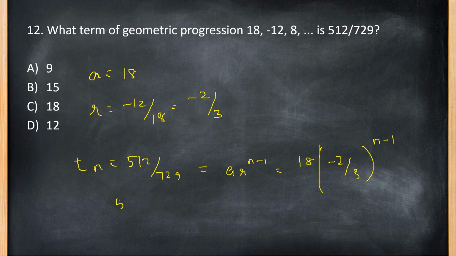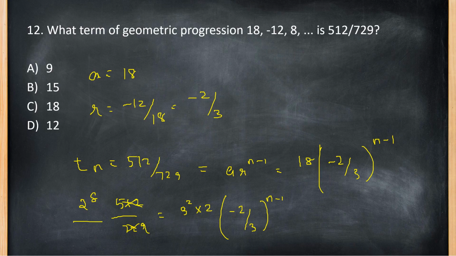So 512 divided by 729 should be equal to, in the place of 18 I'll take 3 square into 2, 9 into 2, 3 square into 2 times (minus 2 by 3) whole power n minus 1. And 512 I can write as 2 power 9, and 729 I can write as 3 power 6.